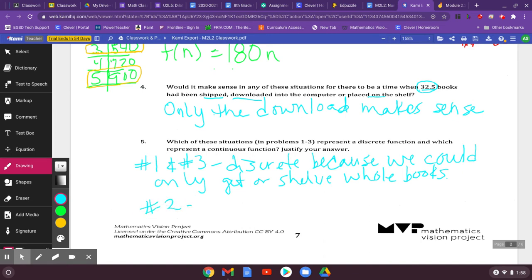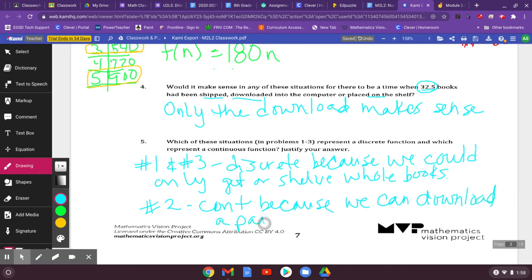Number 2 is continuous because we can download a partial book.